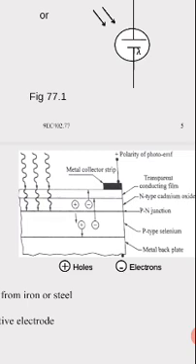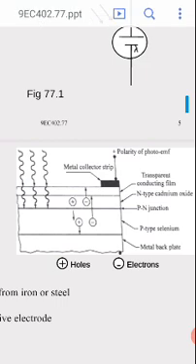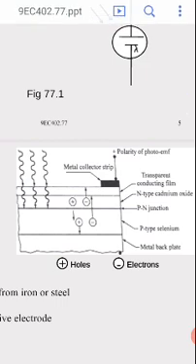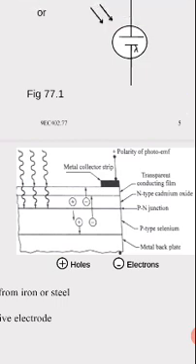The P-type have majority carriers are holes, whereas in N-type material the majority carriers are electrons.